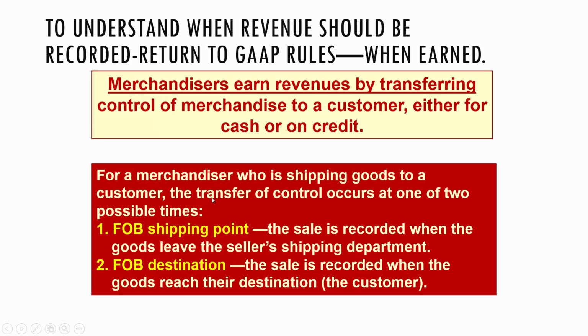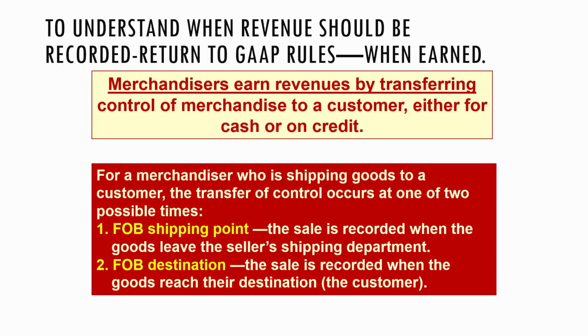For merchandisers who are shipping goods out, they oftentimes talk about the transfer of control. And it's not always just delivery, though. So if you were a wholesaler selling merchandise to a retailer, for example, you would have different terms than just possession.